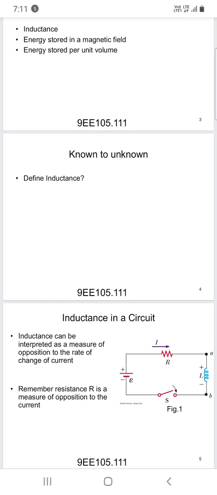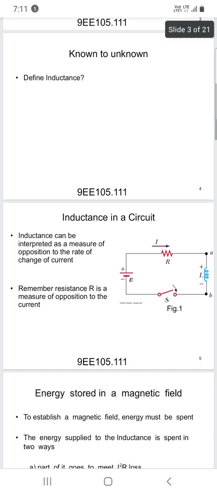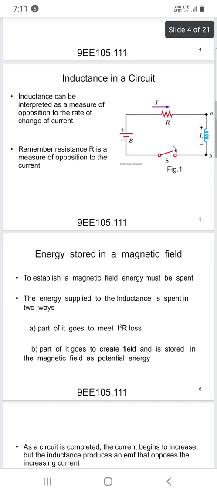First we have to learn about inductance in circuits. What is inductance? This is an electrical circuit diagram.